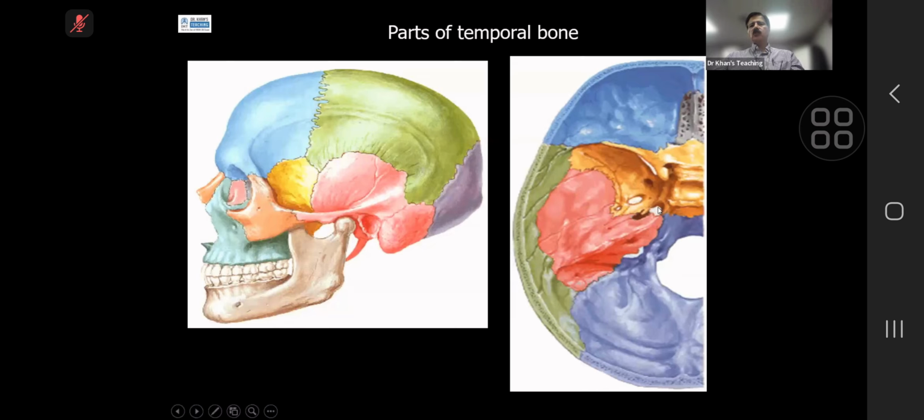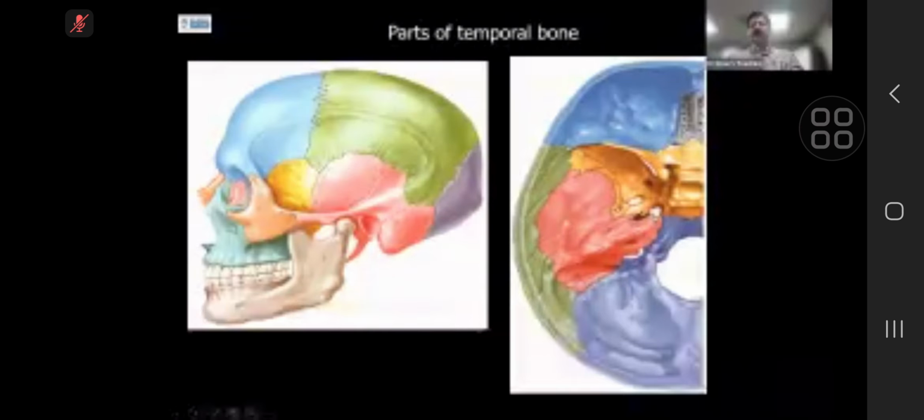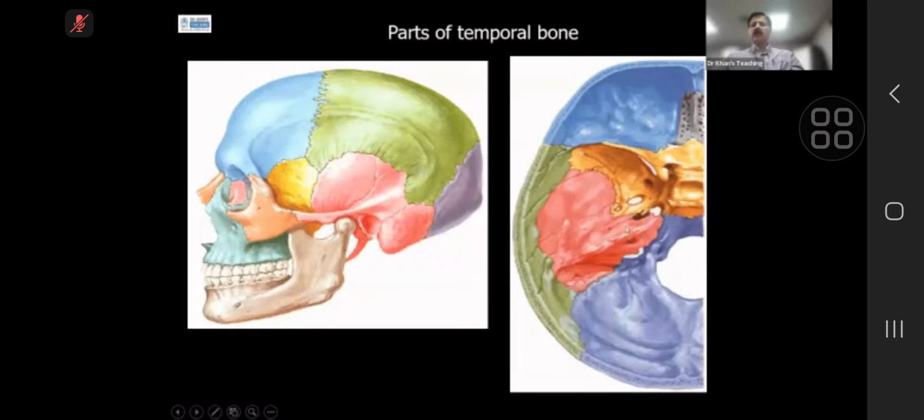This foramen here is known as foramen lacerum, and in a live person, it is filled up with cartilage, etc. The internal carotid artery passes superior to that. So it passes here, and here is the cavernous sinus. It is hidden within this petrous temporal bone in the carotid canal. It passes like this, and then it goes here into the cavernous sinus.